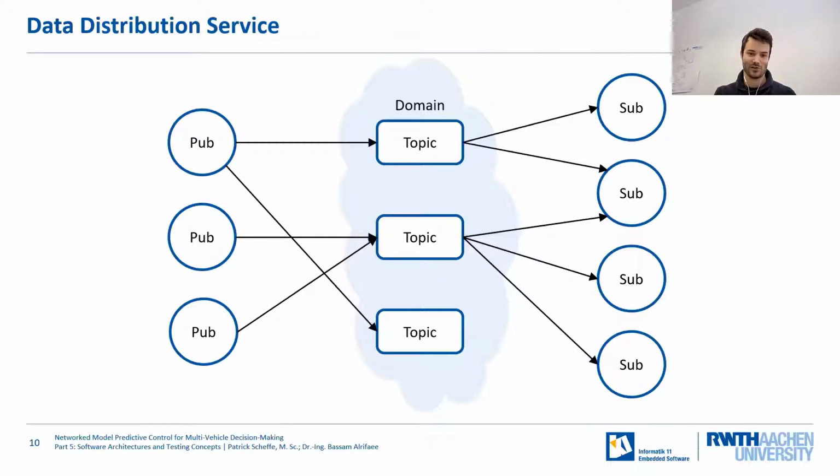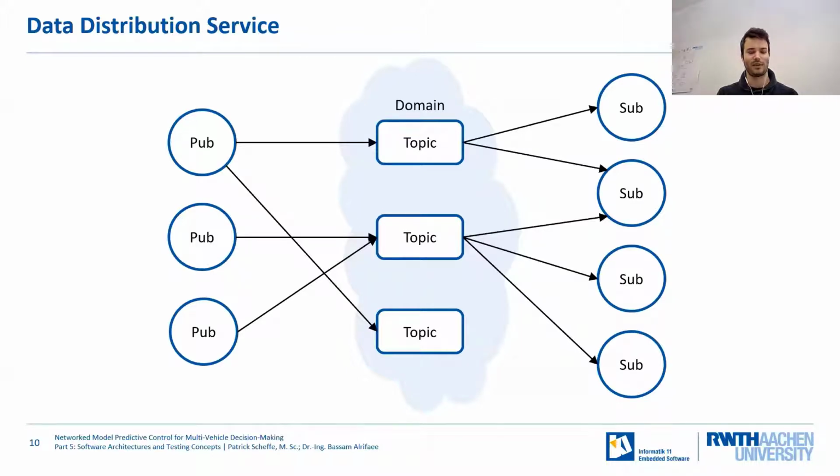So a publisher writes to a topic. A topic is just like a channel where you send data in specified message formats. And a subscriber can then subscribe to a topic and read all the data that is sent.